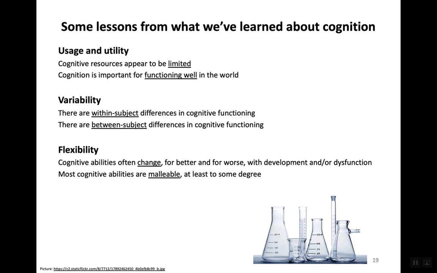And this is related to the idea of malleability. Most cognitive abilities can be trained, can be made better. Something as fundamental as perception, for instance, can be trained. Most of us are experts at face recognition, and that's because we have lots of experience with recognizing faces.